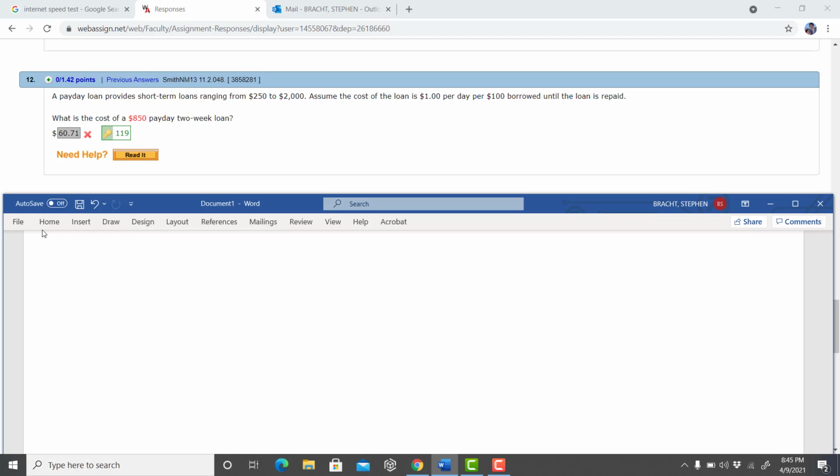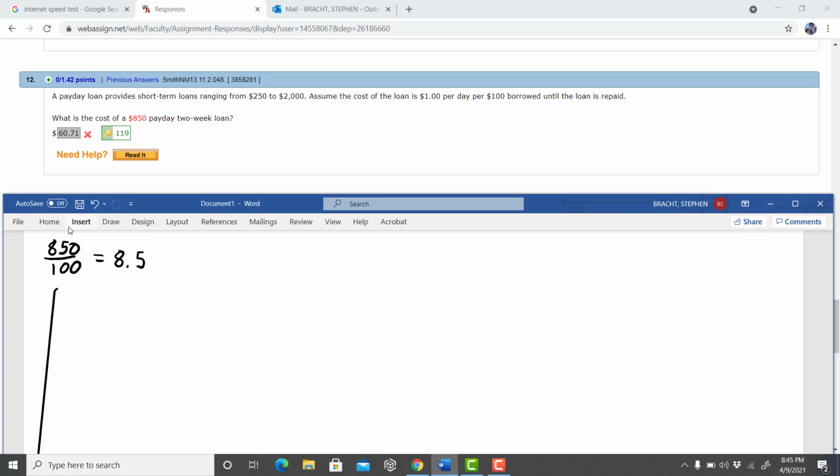First of all, we have to take the total and divide it into $100 increments, like how many $100 are there in $850. We find that by taking the total, $850, and dividing by 100, and that is 8.5. Then we're told that the cost is $1 per day per $100 borrowed.